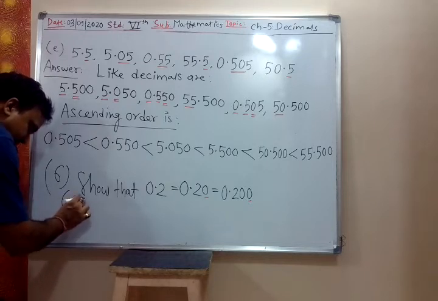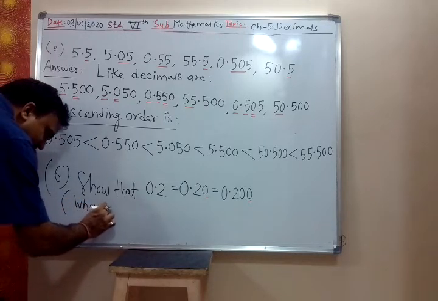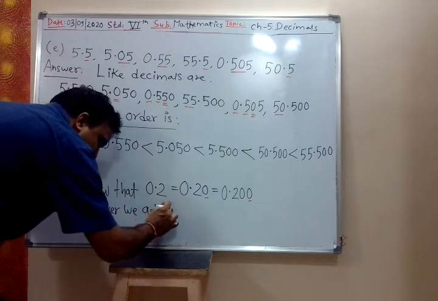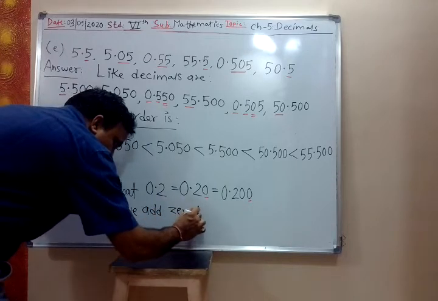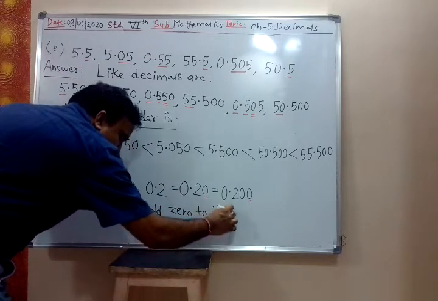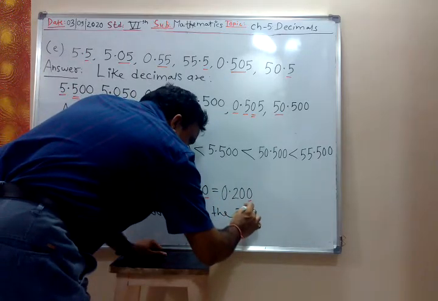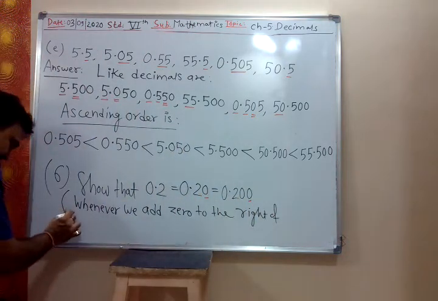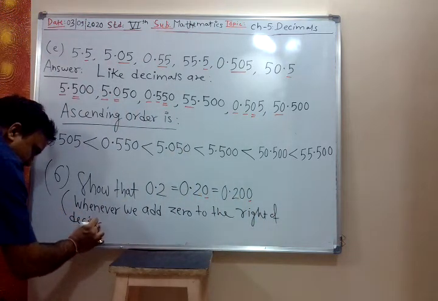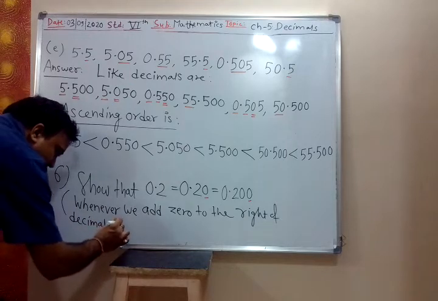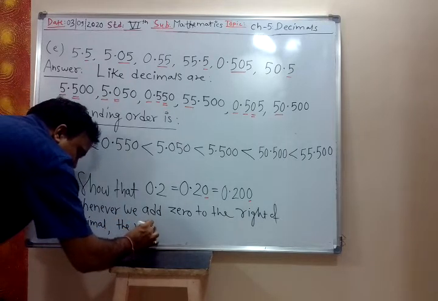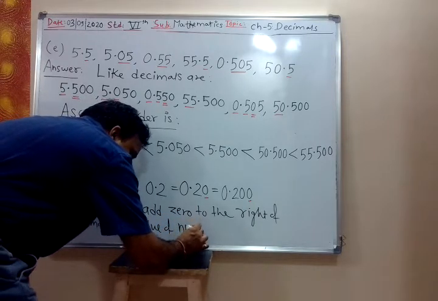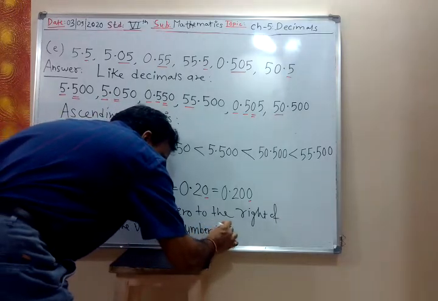Yes, write this down: whenever we add 0 to the right of the decimal, the value of the number remains same.